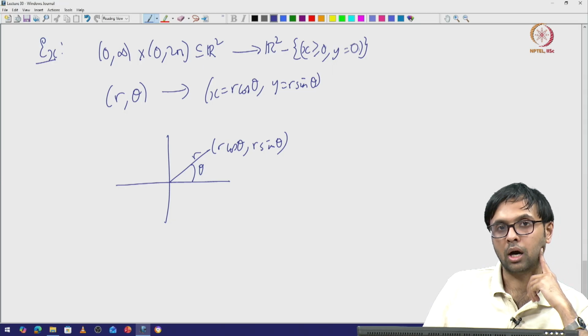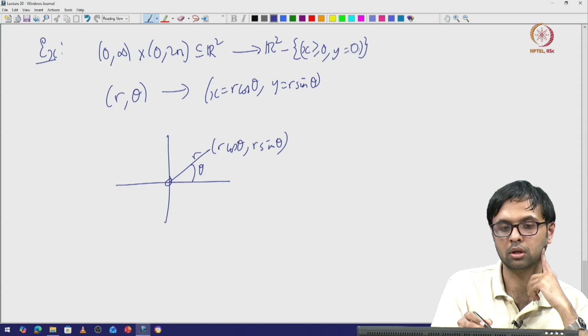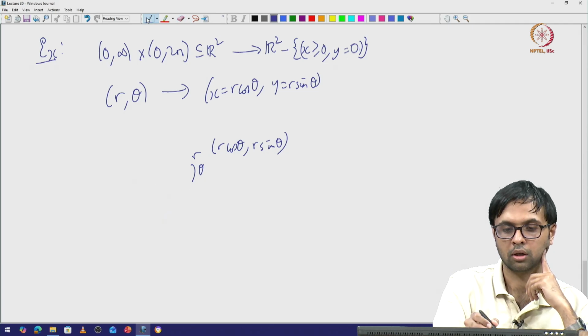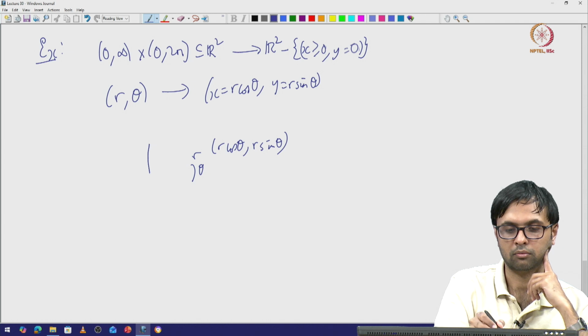Since I have thrown out r equals 0, I am throwing out the origin. Since I am throwing out theta equals 0 and 2 pi, I have thrown this line out entirely.